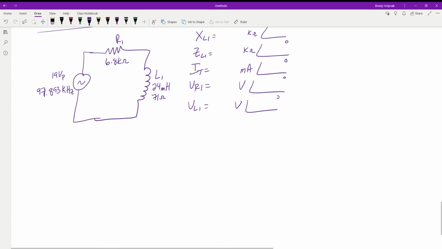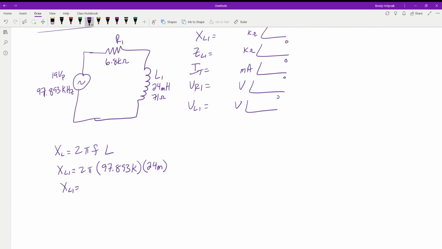So the first thing we're going to start off with is to find the inductive reactance of L1. X of L is equal to 2 pi times the frequency times the inductance. So X of L1 is equal to 2 pi times our frequency of 97.893 kilohertz times our inductor value, which is 24 millihenries.